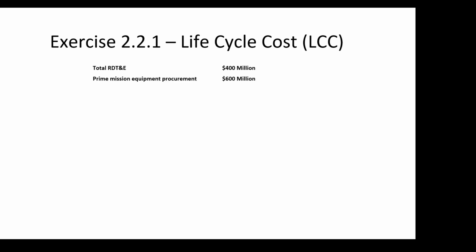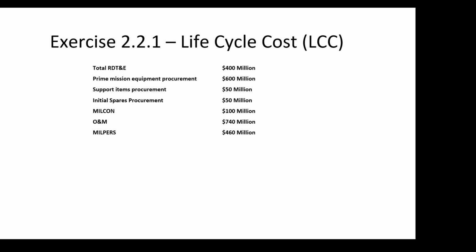All right, so prime mission equipment procurement, 600 million. Support items procurement, 50 million. Initial spares procurement, 50. MilCon, 100 million. O&M, 740 million. MilPers, 460 million. So, all right, you're required to fill in the blanks below.